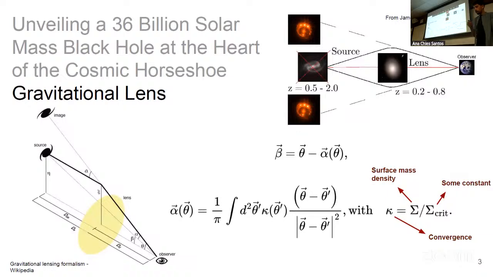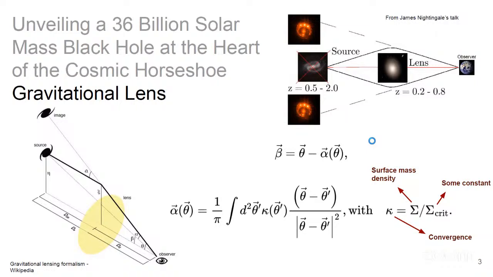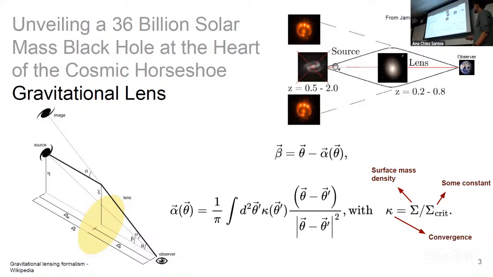And the mathematical description is quite simple, to be honest, because this deflection that we are observing can be understood by the deflection angle, which is nothing more than the difference between the original source position on the source plane, in this figure right there, and the observed position that we are seeing after being lensed, which is the position right here.